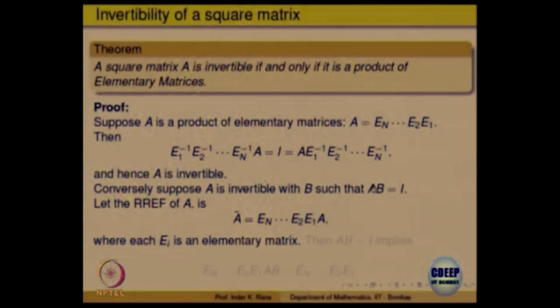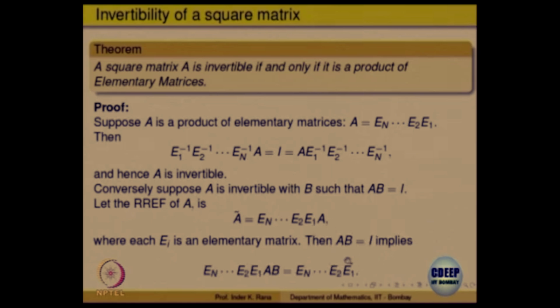Now let us take this matrix A, which is given to us, and look at its reduced row echelon form. How do you get the reduced row echelon form? By pre-multiplying by some elementary matrices. So we have denoted A tilde to be the reduced row echelon form of the matrix A, which is obtained from A by pre-multiplying by some elementary row operations. Each Ei is an elementary operation.